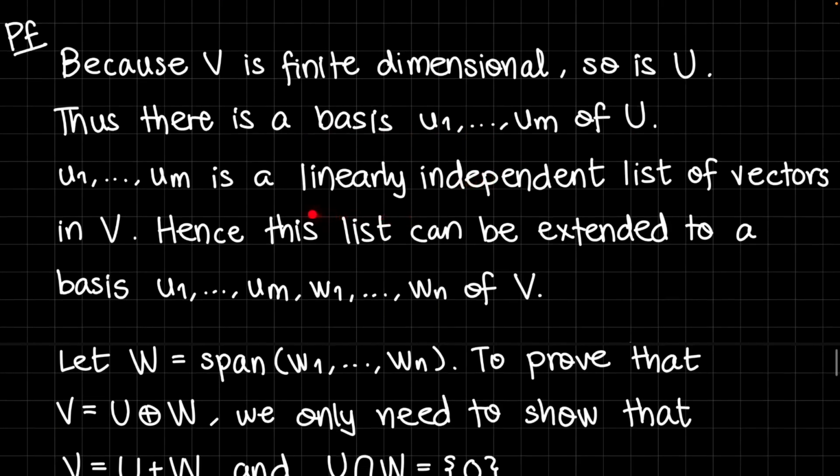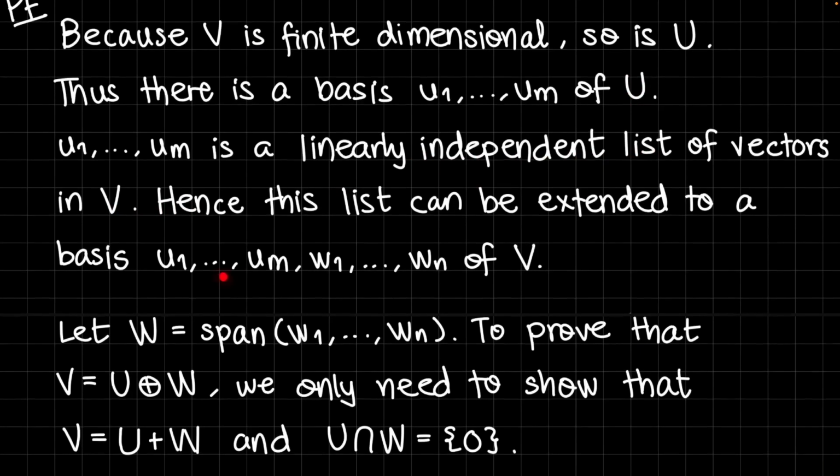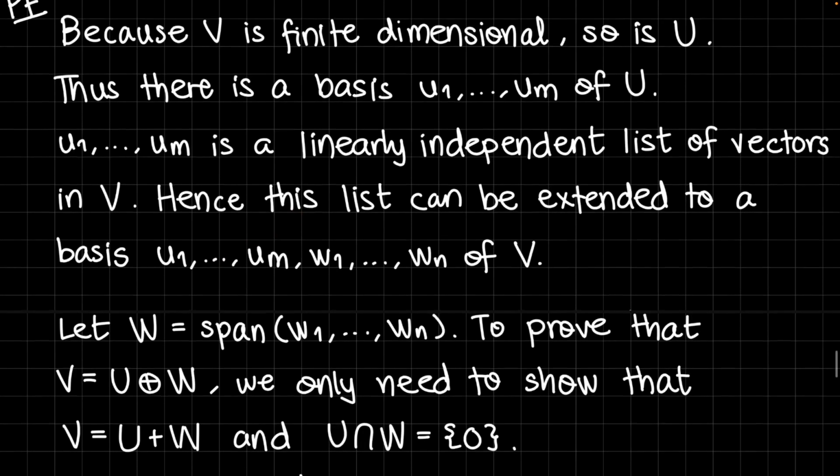Being a basis, u1 through um is a linearly independent list of vectors in V. Because not only is it linearly independent in U, it is also linearly independent in V. This is a very simple fact. You can check this if you don't believe me, but I will not really over explain that.